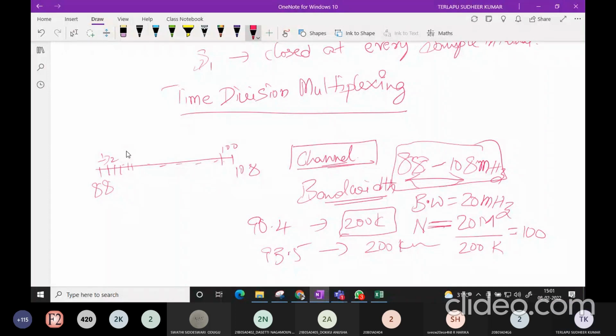Now, what is the x-axis here? Channels. So channels are the numbers I made. I am asking what is this 88, 108?